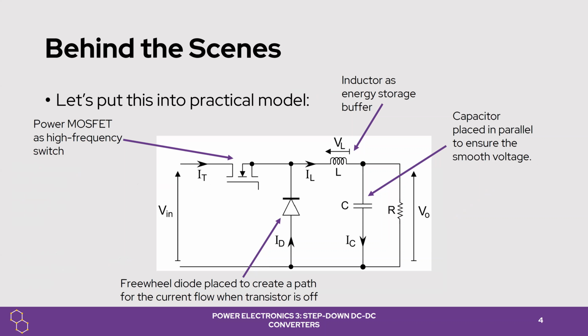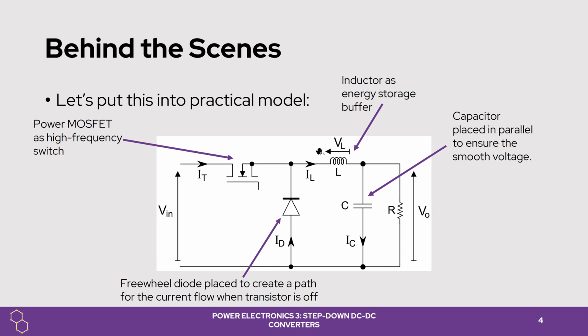Now let's elaborate this basic circuit model and delve into the functionalities of each key component used in the step-down DC-DC converter circuit, which can be seen on the slide here. You can see the power MOSFET here. The power MOSFET is used as a high frequency switch.